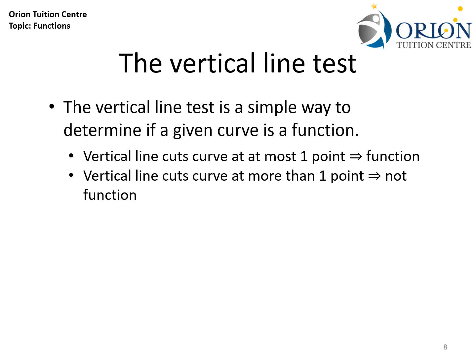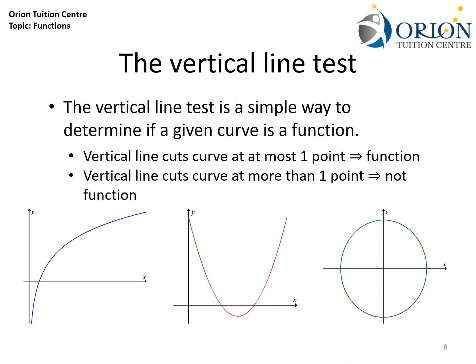For example, let's take a look at these three curves below. For the curve on the left, if we draw a vertical line everywhere, you see that all the vertical lines only cut the curve at exactly one point, and therefore this is a function.